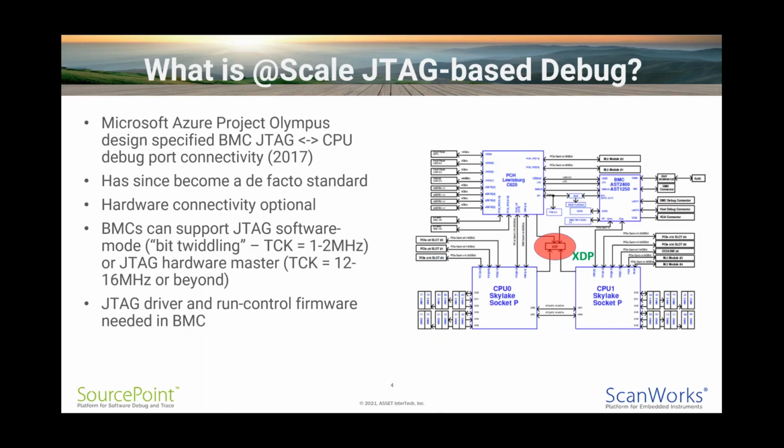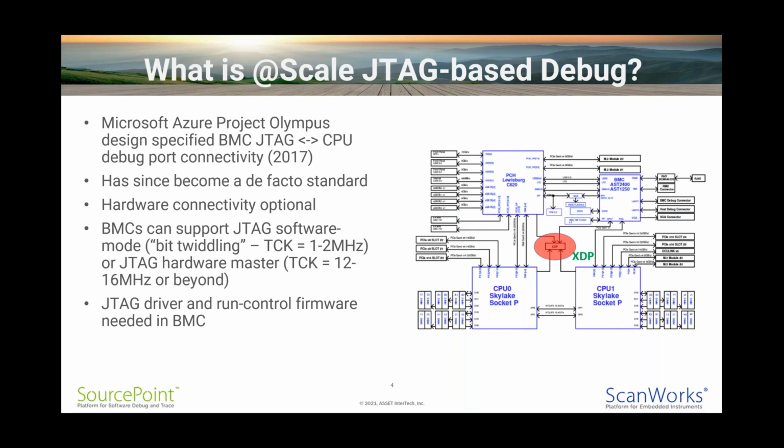All right, having said that about JTAG, how did at-scale JTAG-based debug come around? There have been some OEMs that have been using this technology for the better part of a decade, but the technology and the deployment of the technology really gained steam back in 2017.